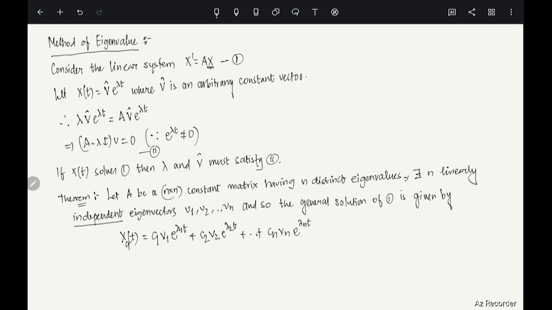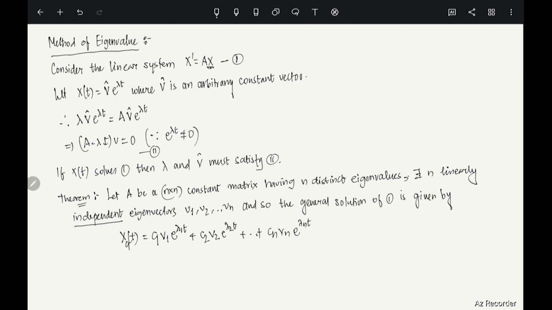Now if initial data is given, then you can precisely calculate what c1, c2, cn are, and then your solution is going to be a unique solution. You can compare this with the fundamental matrix and the matrix exponential.